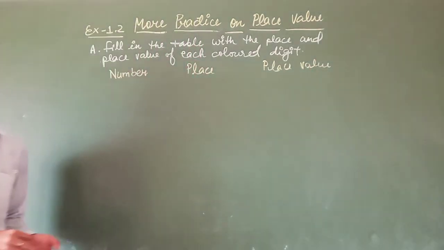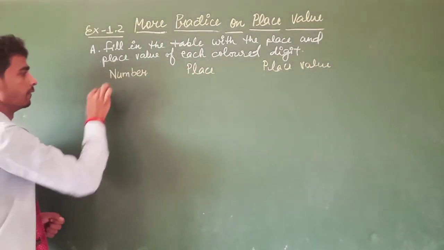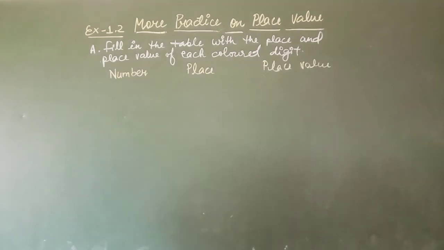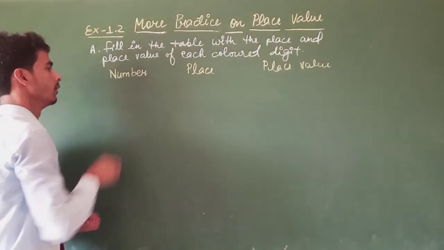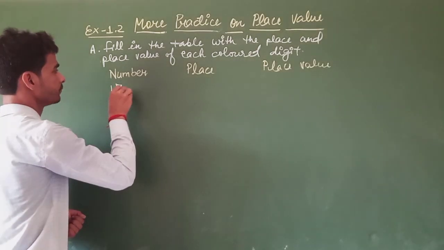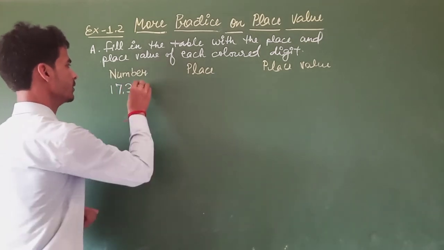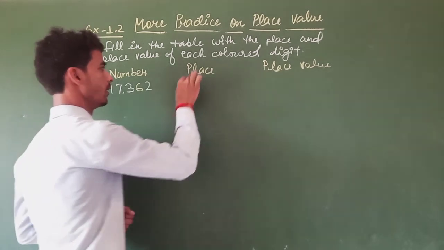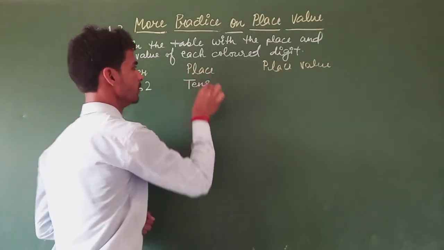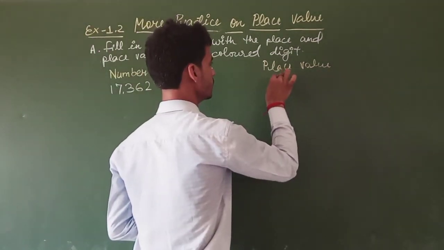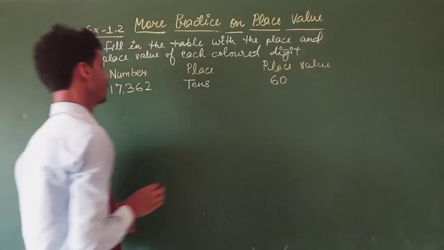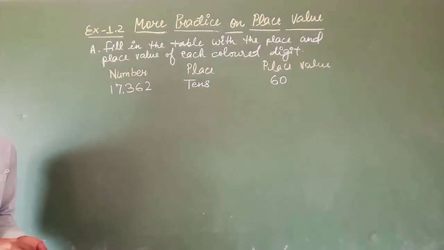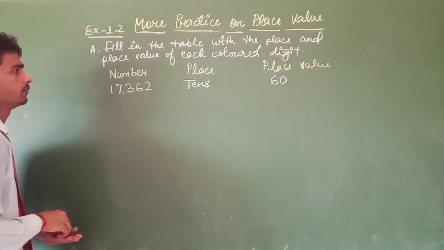The first number is 17362. The place of 6 is tens and the place value of 6 is 60. Okay, now the next question is question number 2, 2130.